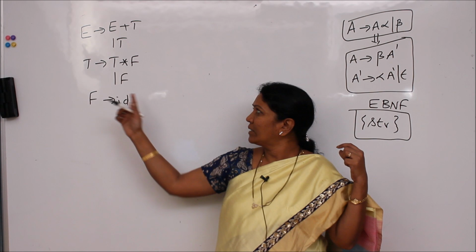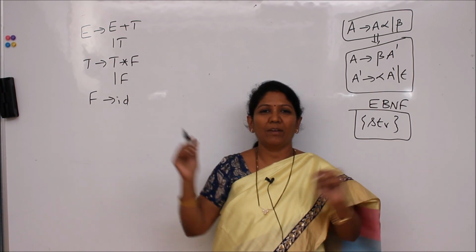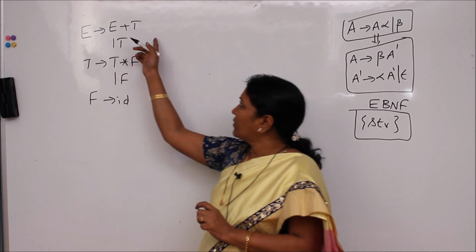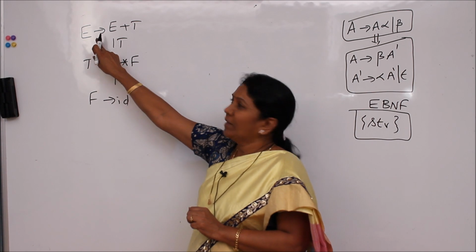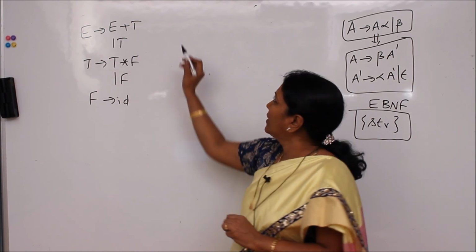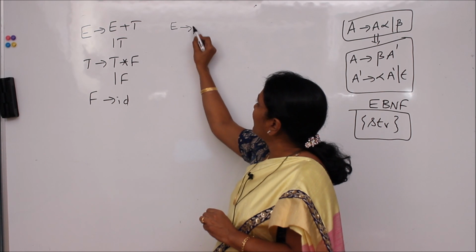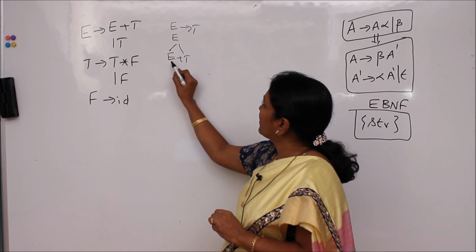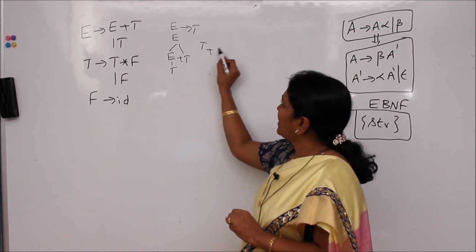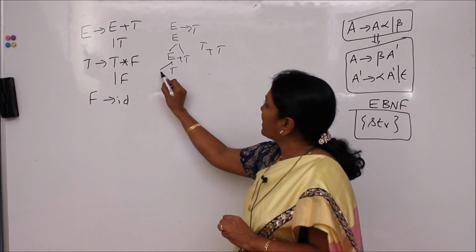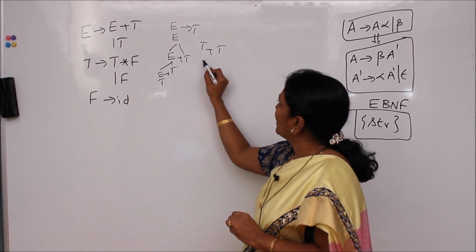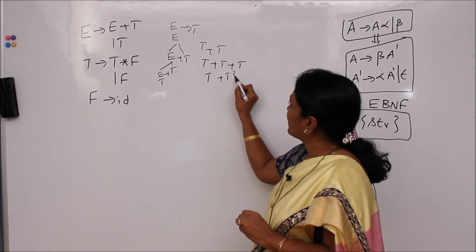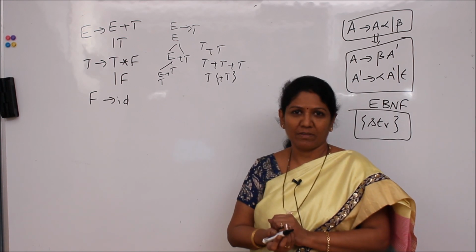In order to convert this CFG into EBNF notation, let's see how we do it. Suppose you take the first production, E to E plus T or T. E in simple can be T, or E can be E plus T, that means it can be T plus T, or I can once again expand this with E plus T, that means it can be T plus T plus T, or in simple, T plus T any number of times.